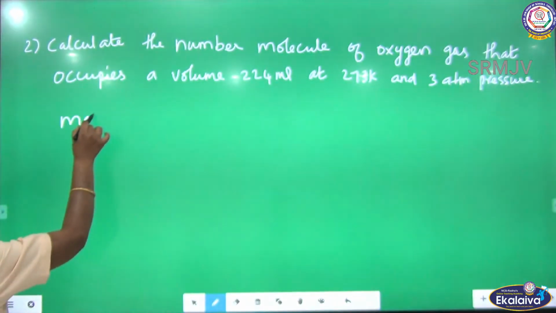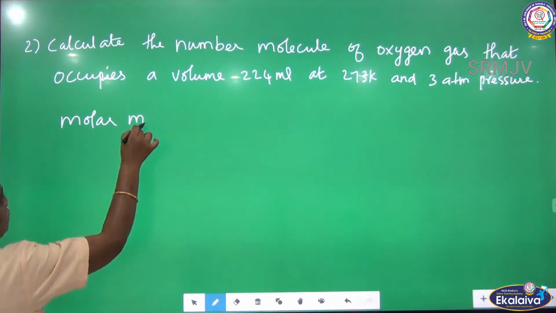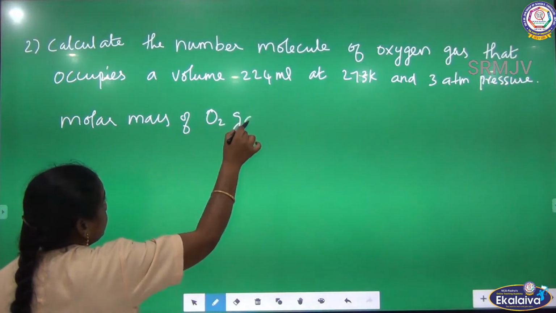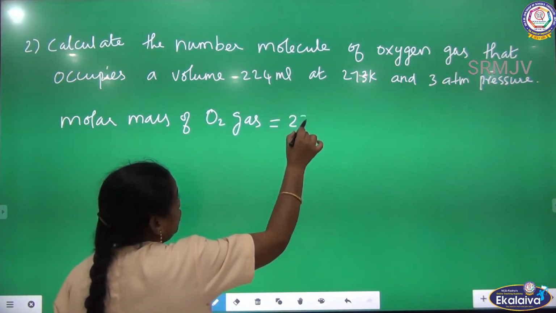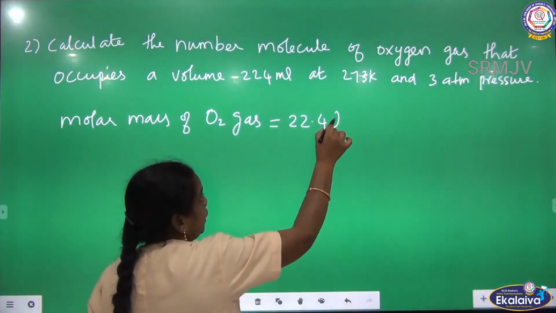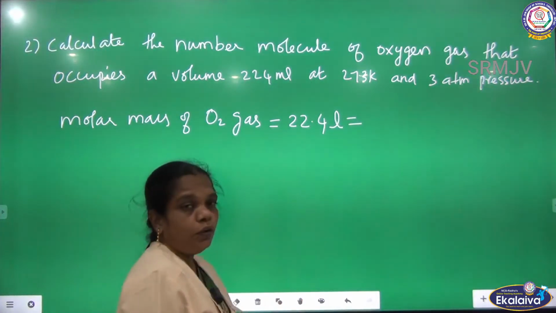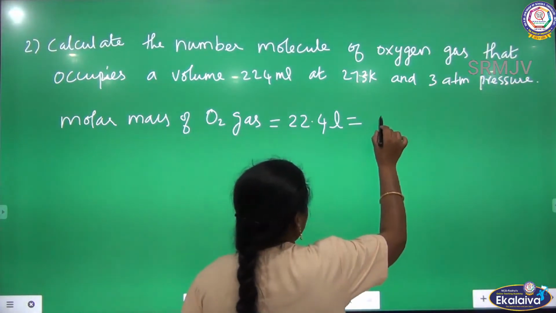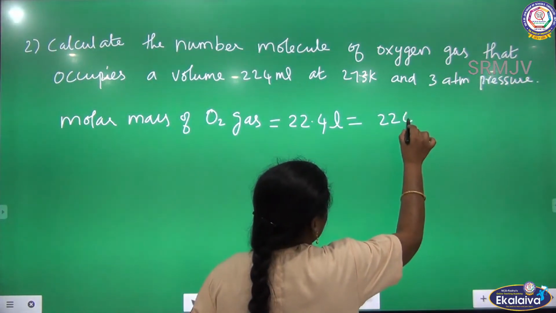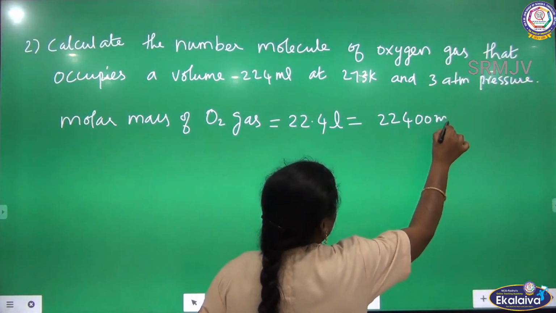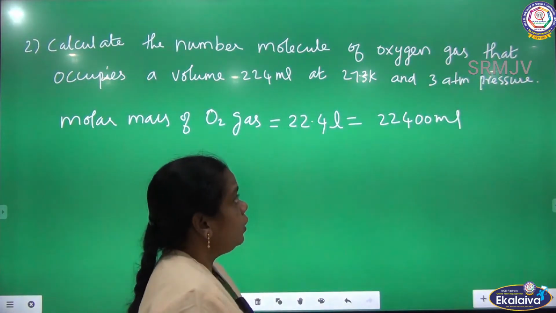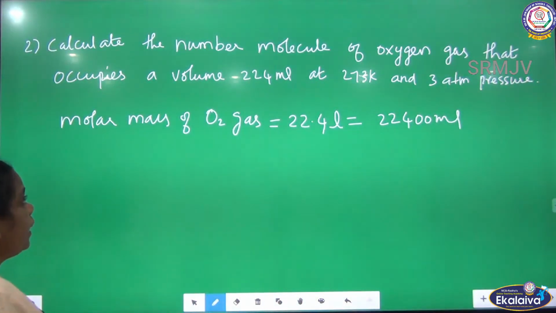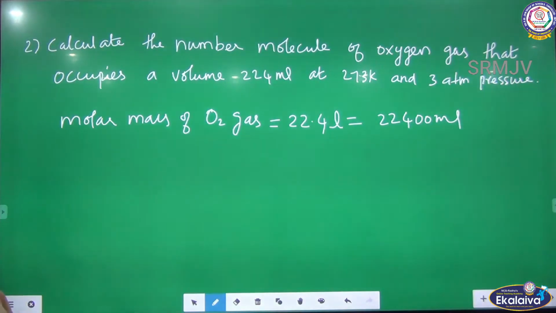So the molar volume of oxygen gas is 22.4 liter. Now you want to convert this into milliliter, so it is multiplied by 1000. You are going to get 22,400 ml. This is the molar volume. And then 224 ml.